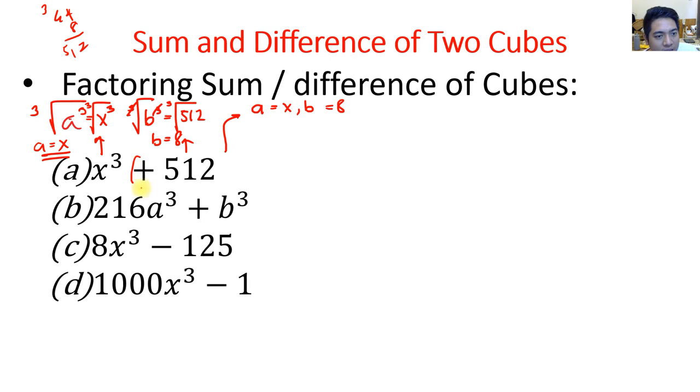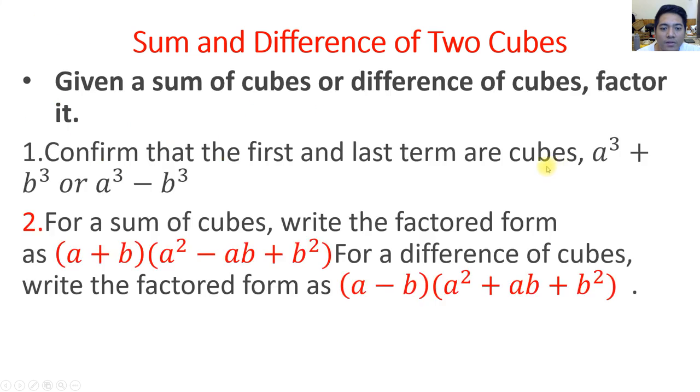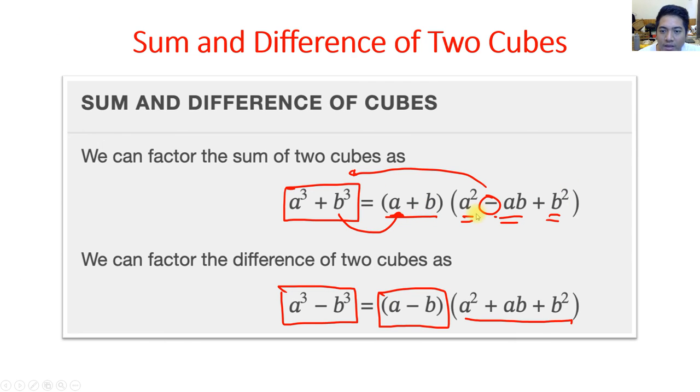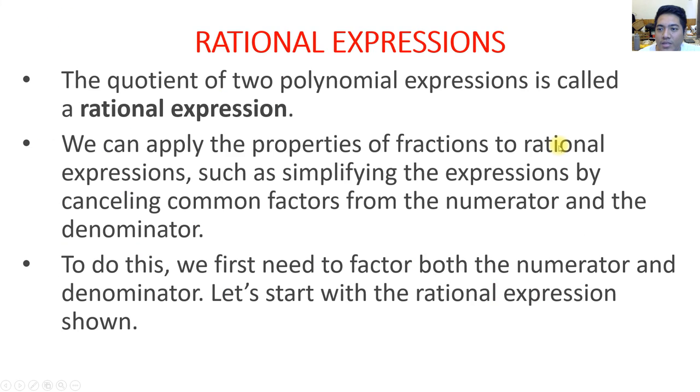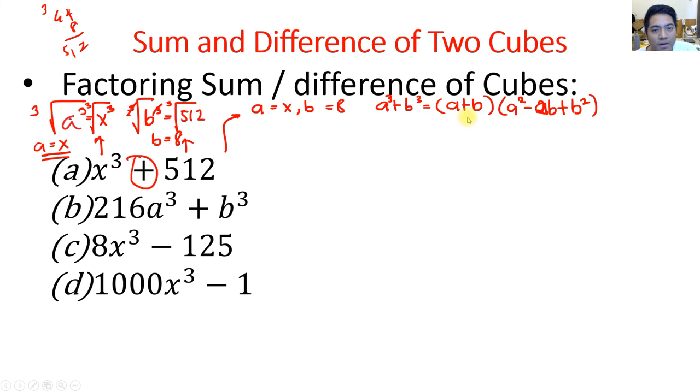Since this is a sum, the formula is a cubed plus b cubed equals a plus b multiplied by a squared minus ab plus b squared. Going back to the formula to check, we have a plus b, a squared minus ab plus b squared. Now we can rewrite it: a plus b is x plus 8, and then a squared is x squared, minus ab, which is 8 times x, plus b squared, which is 8 squared.